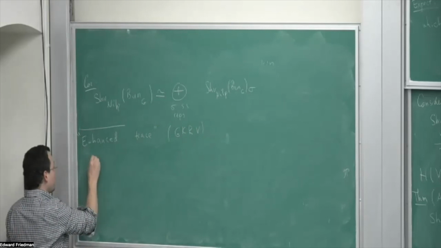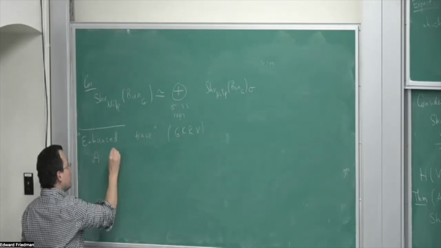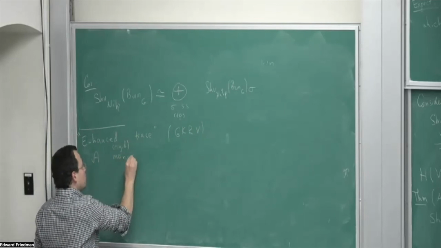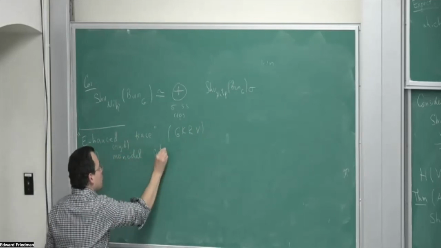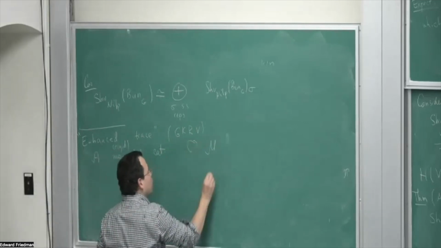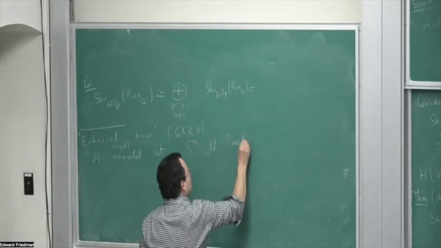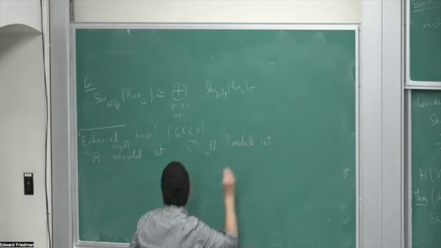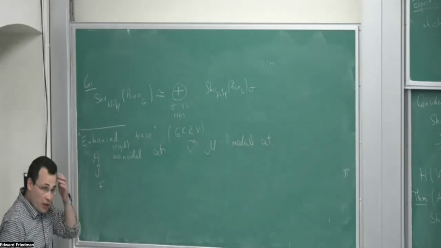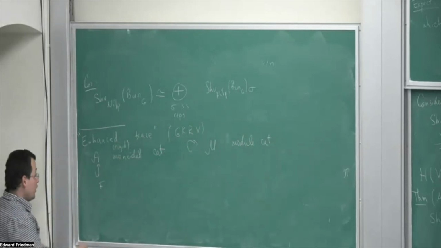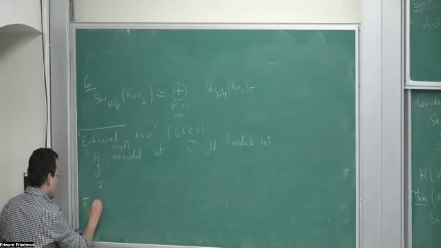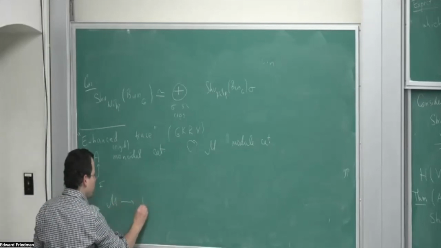The setup is like this. Suppose you have some rigid monoidal category, which acts on some module category. You have an endomorphism here, and you have a compatible endomorphism back.